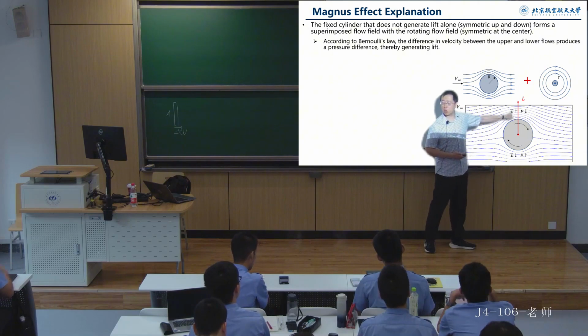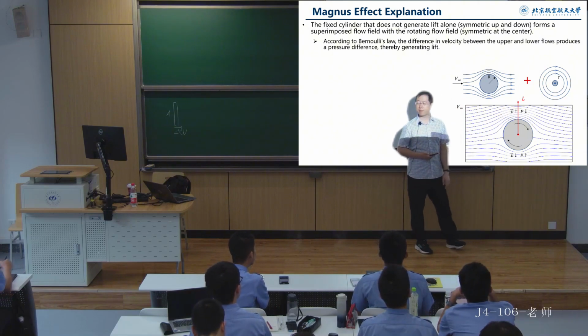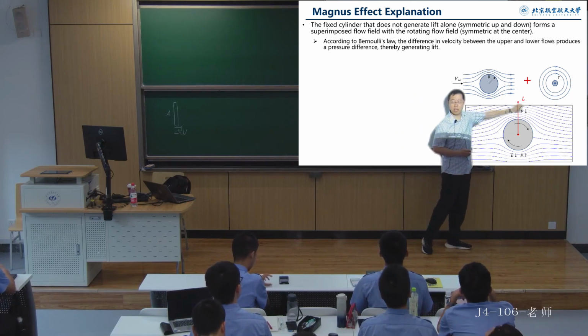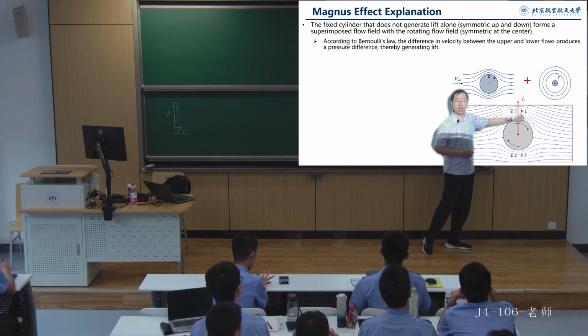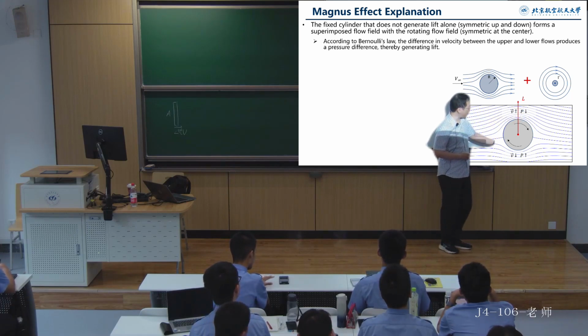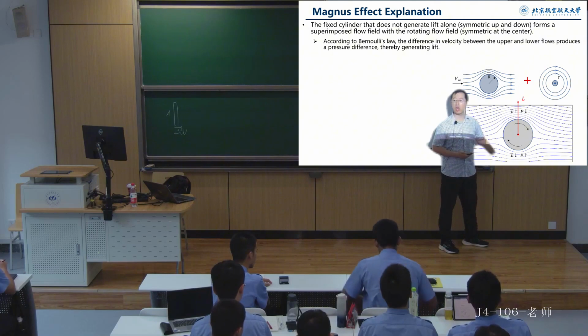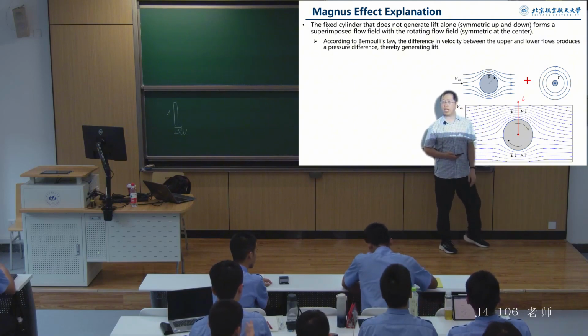What characteristics do we observe from the streamlines? The streamlines are denser, right? So, with the increase in flow speed, what about the pressure? It decreases. Whereas on the lower surface, the direction of rotation and the flow direction are opposite, correct?